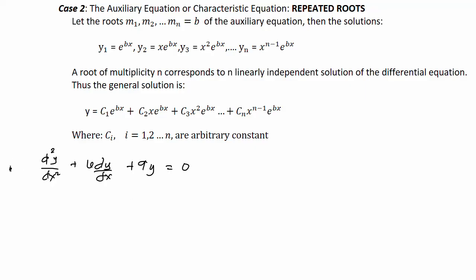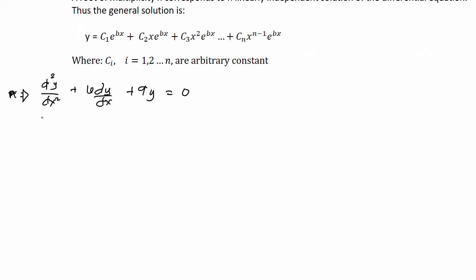If we analyze this, it is a linear homogeneous differential equation. The first thing we need to do is translate it into the differential operator D. By doing that, we have D squared plus 6D plus 9, applied to y, is equal to 0.